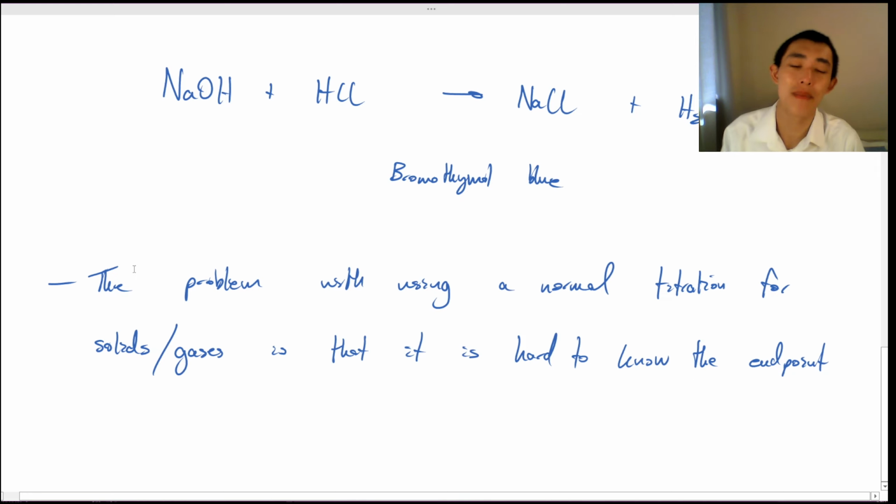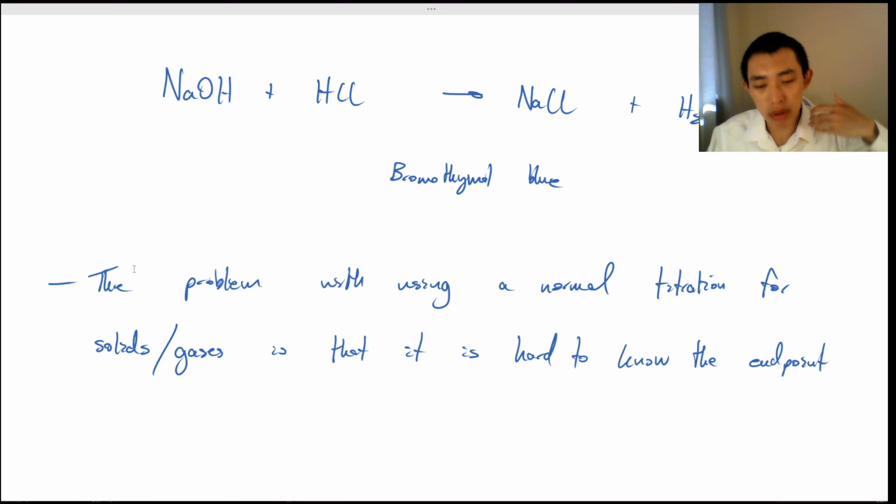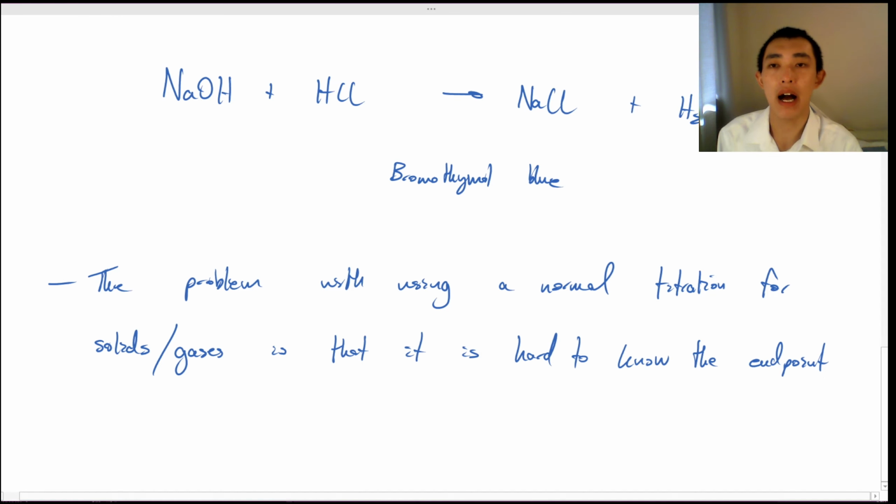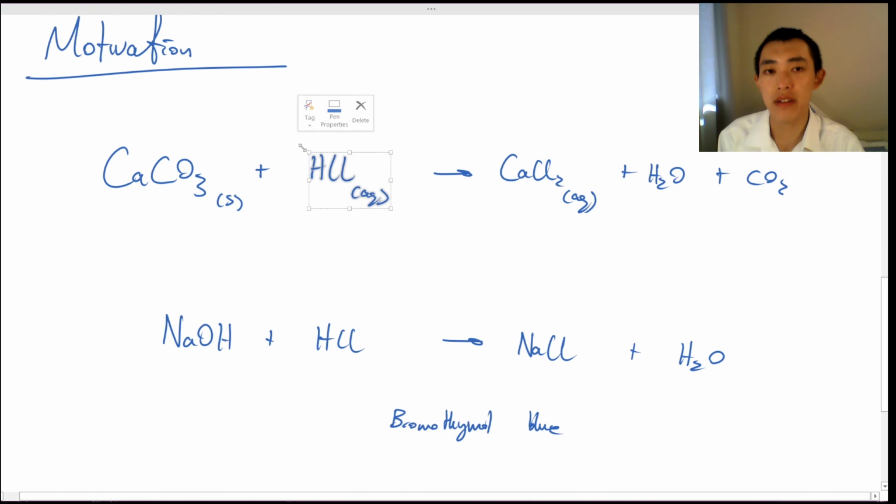I'm just going to completely shoot past the endpoint and then work backwards. I don't know how much HCl I need to finish this reaction. I'm just going to add way too much HCl, and then we're going to work backwards to figure out how much there was here.